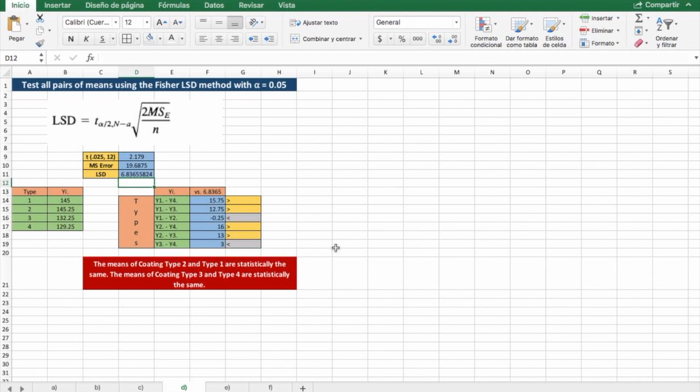And we obtain that the only differences smaller than the LSD value are between 1 and 2, and 3 and 4. This means that the means of coding type 2 and type 1 are statistically the same, and the means of coding type 3 and 4 are statistically the same also.